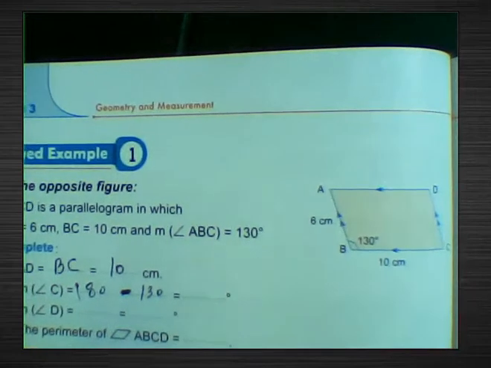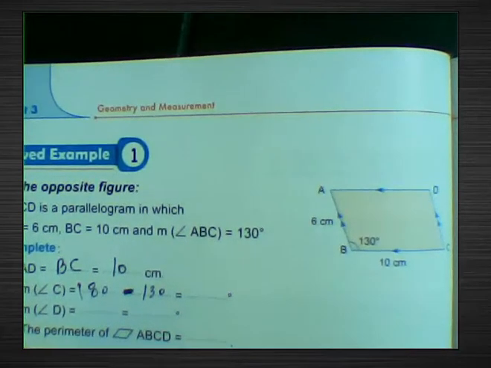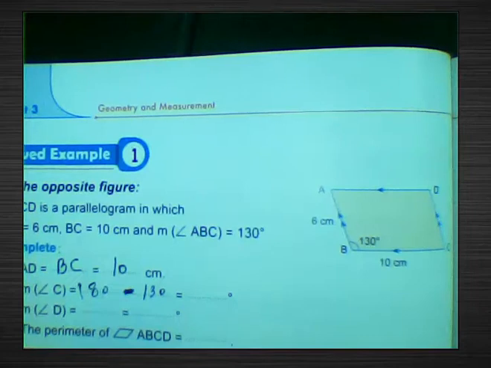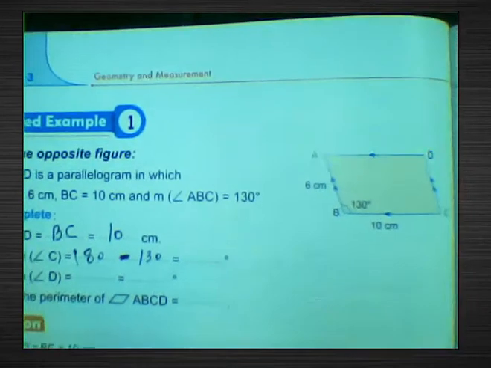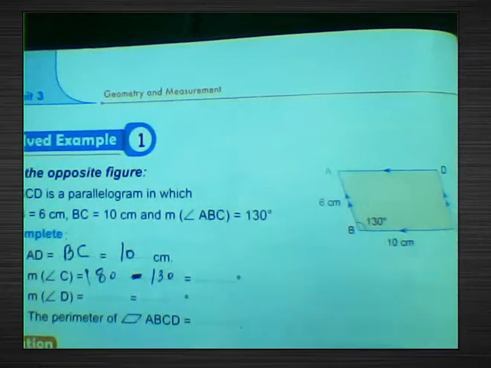The measure of angle C equals 180 minus 130, which is 50 degrees.